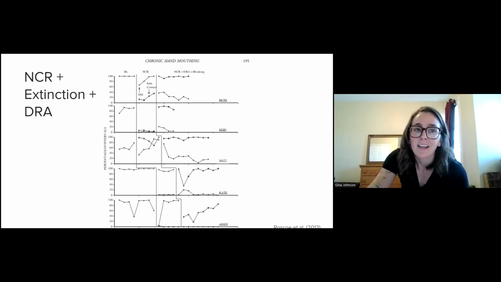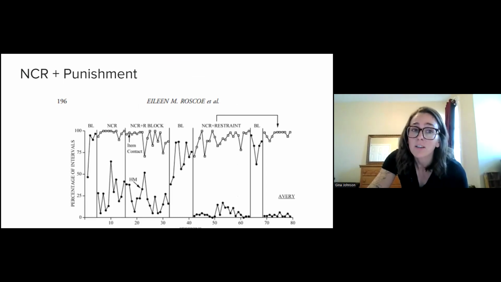And then in the final condition, there was one participant where you see here's non-contingent reinforcement, and here's non-contingent reinforcement with response blocking. Item contact is pretty high, but hand mouthing is still very variable. So for this individual, they added a restraint component. So they added punishment, which was a brief restraint.